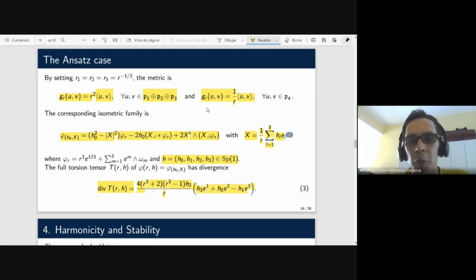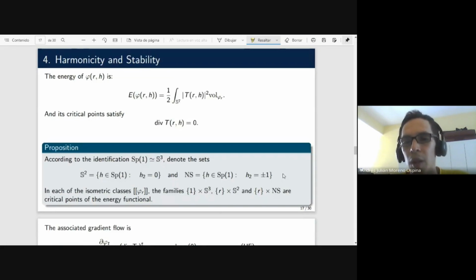And with this equation 3, you can describe the harmonic G2 structures in the isometric class, because this is the case when the divergence of the torsion is equal to 0. So that was the first result.